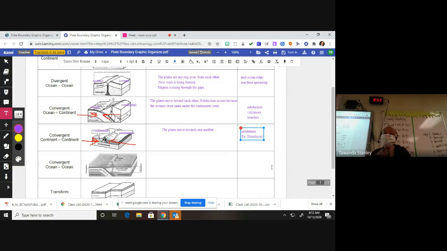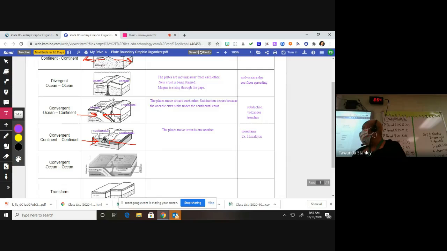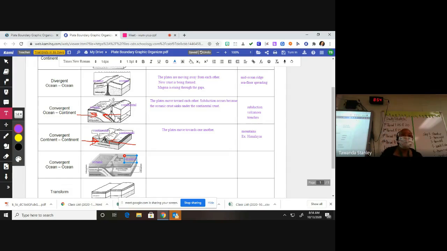All right, and then lastly, we have our third type of convergent boundary, because with convergent boundaries, there are three types. So now we're on our third convergent boundary, and this convergent boundary is ocean to ocean. So again, we're going to name this one oceanic, and we're going to name this one oceanic. And again, because we're still dealing with convergent boundaries, we're going to have our arrows coming towards one another.